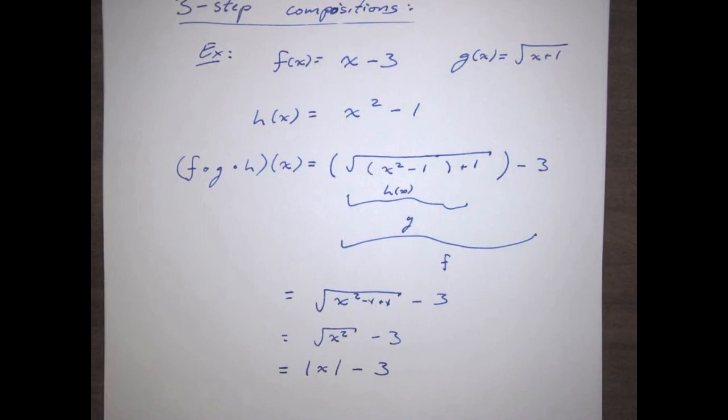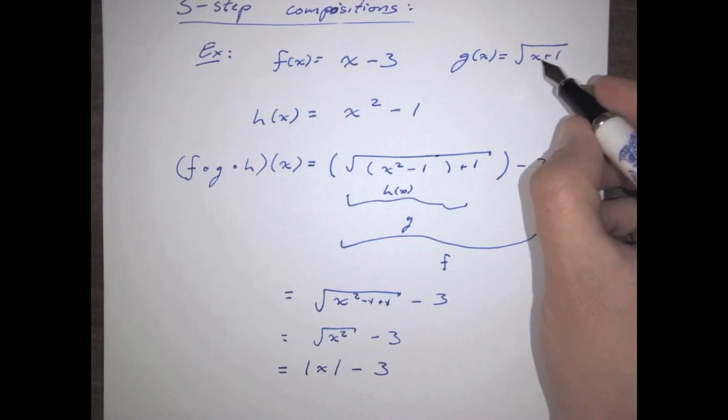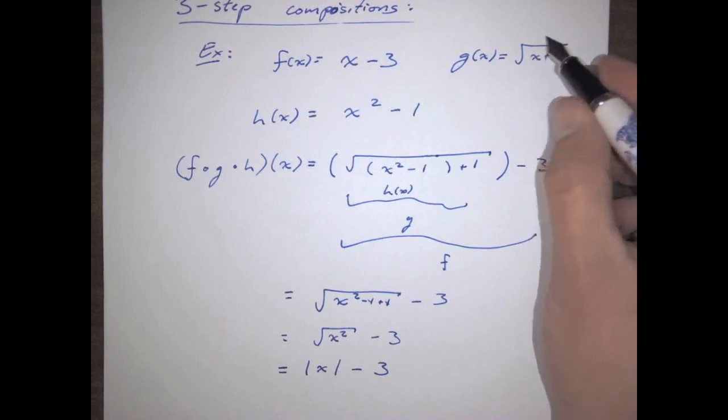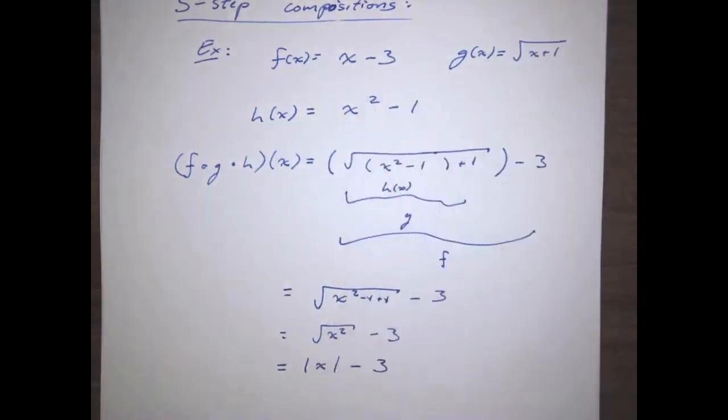You take the formula for h of x. You put that in as the x for g of x. And then you take that and you put that in as the x in f of x.